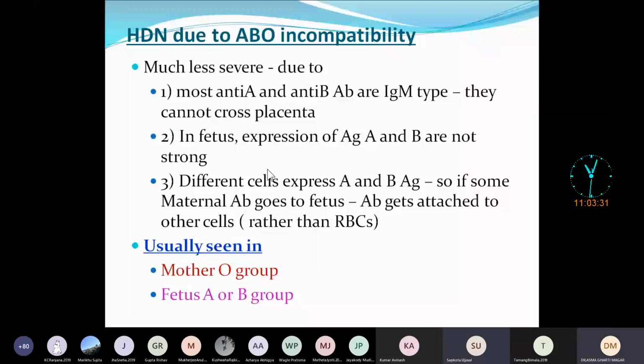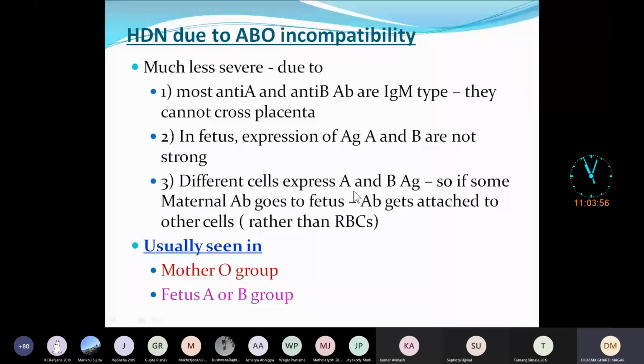So in the fetus, there is the expression of the antigen A and the antigen B, which are not strong. If a person is A blood group, other cells in our body will also express this antigen. Understood here? Different cells express A and B antigen.